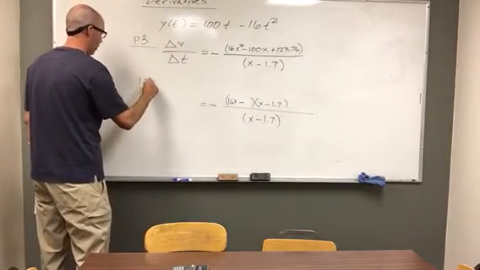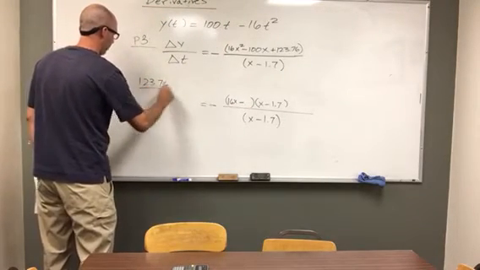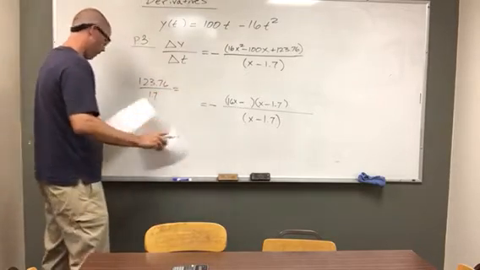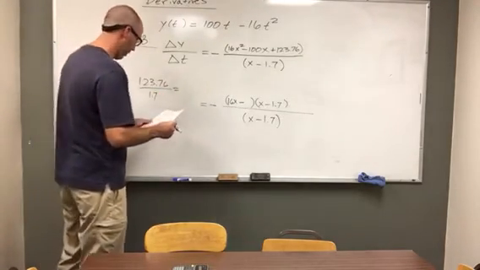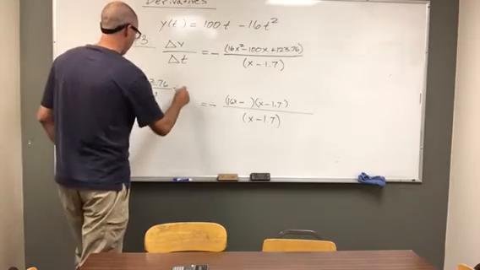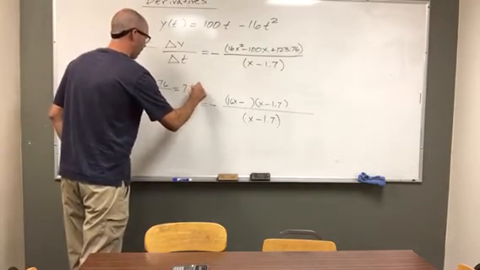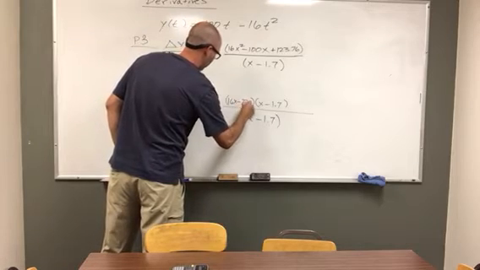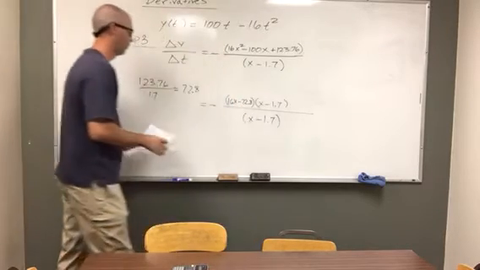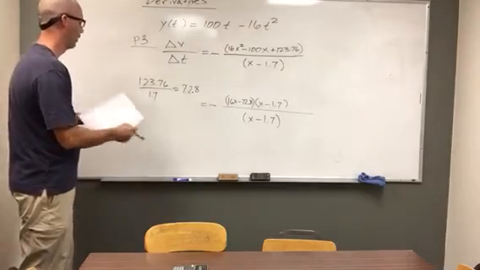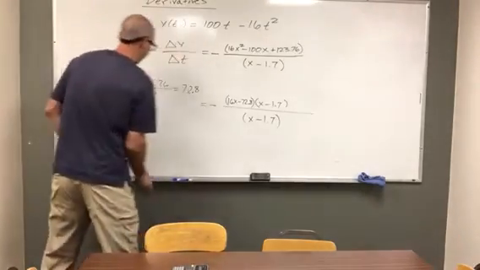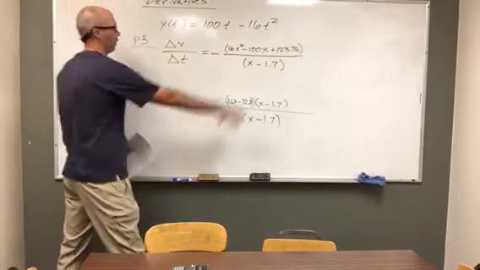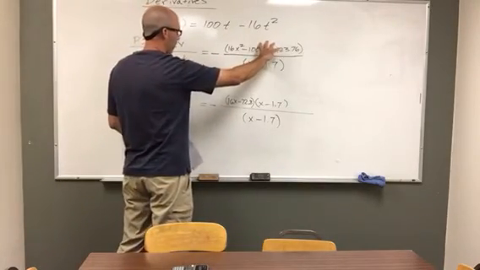All right, so 123.76 divided by 1.7. What does that equal? I already did the math. 72.8. So I know I need a 72.8 here. Okay, so here's what I got from problem 1.